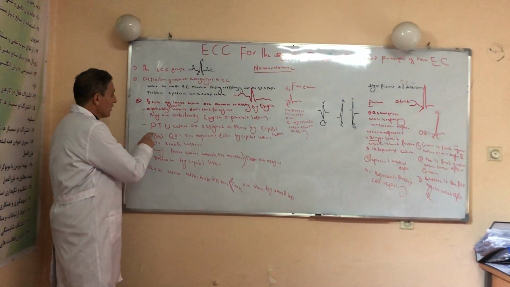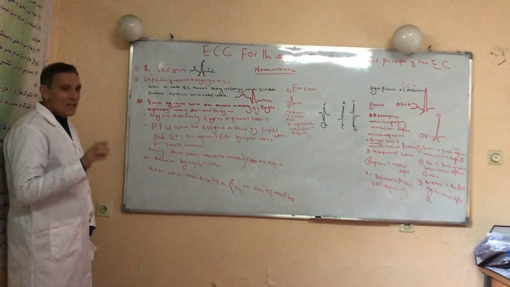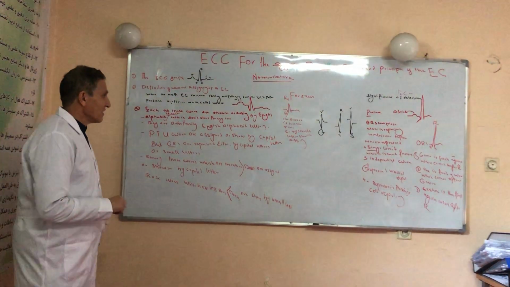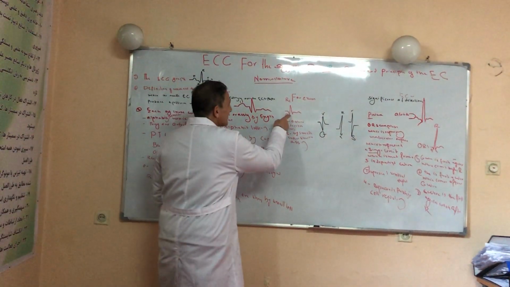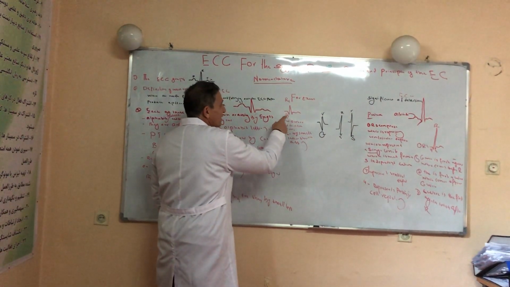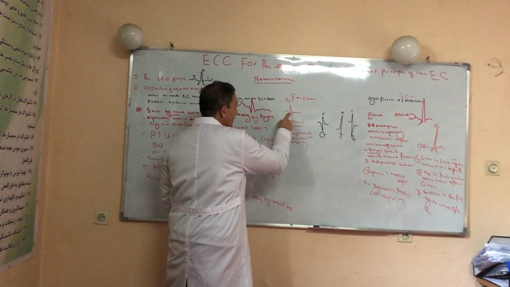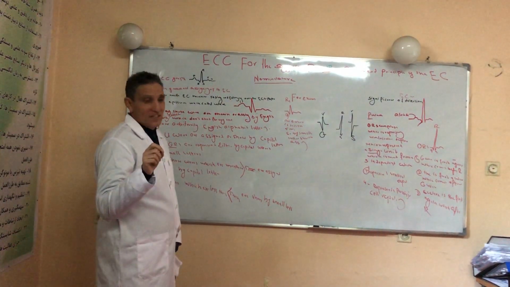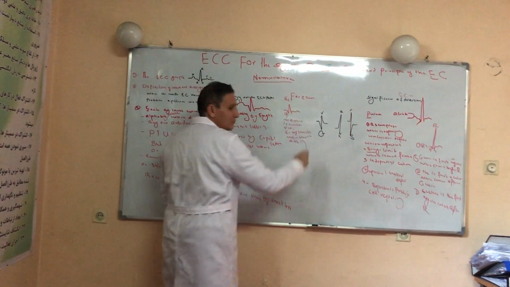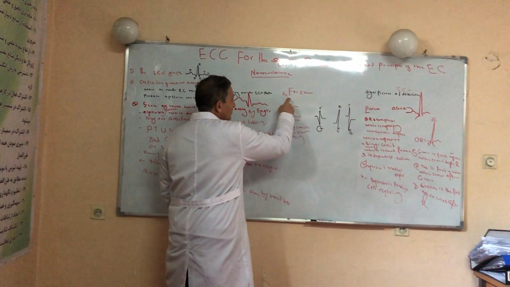But these three waves, P, T, and U, are represented by capital letters, while the QRS complex can be represented by either capital or small letters. As I mentioned before, here the Q is smaller and the R is larger. If the Q wave is less than 5 mm, you should assign this wave a small letter. If the wave is larger than the S wave or more than 5 mm, it is shown by a capital letter.